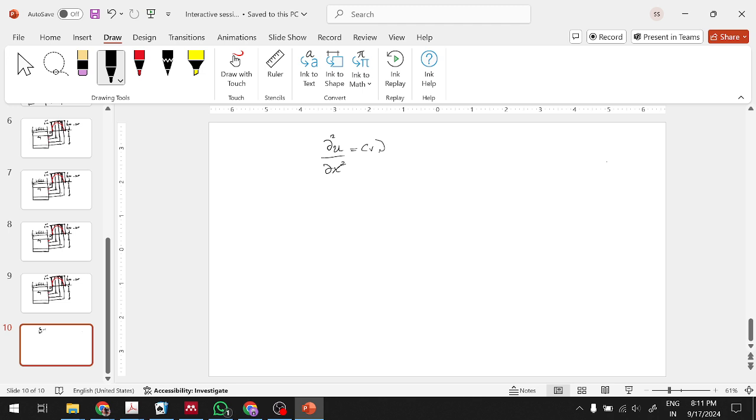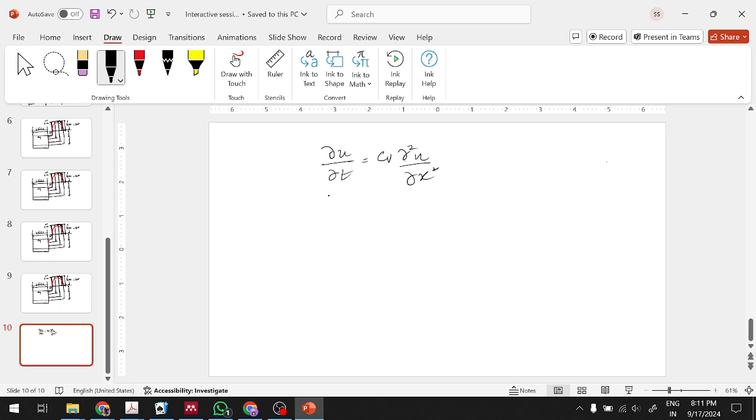del u over del t equals Cv times del square u over del x square.